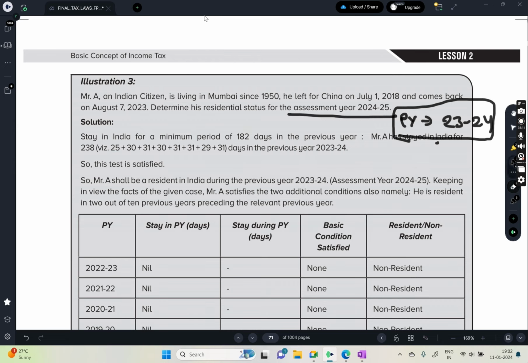Now, basic provisions, what is condition 1? Stayed in India for more than 182 days.